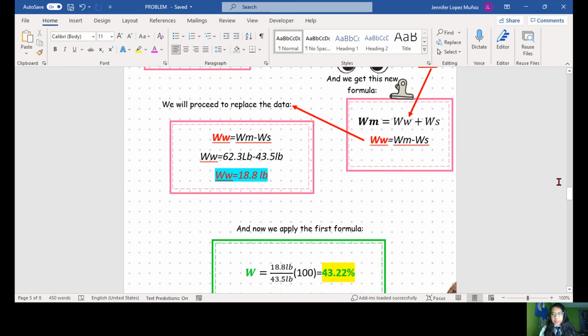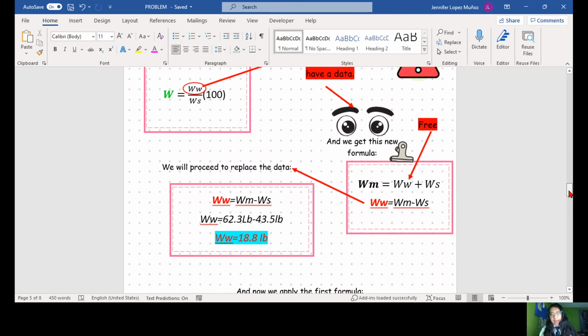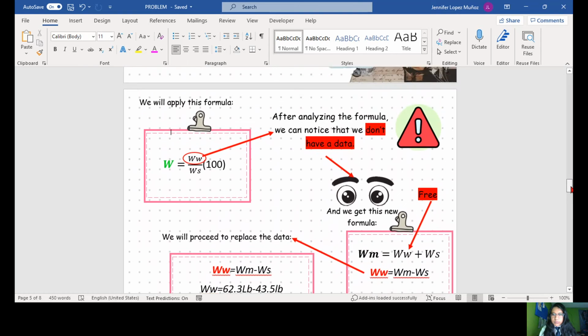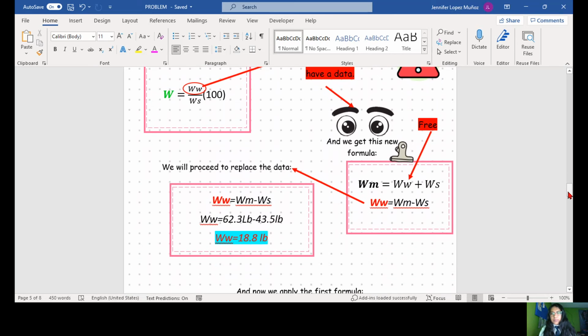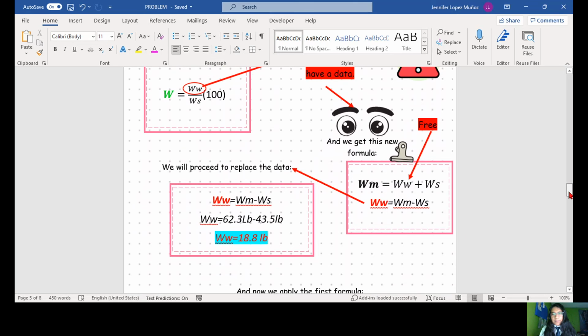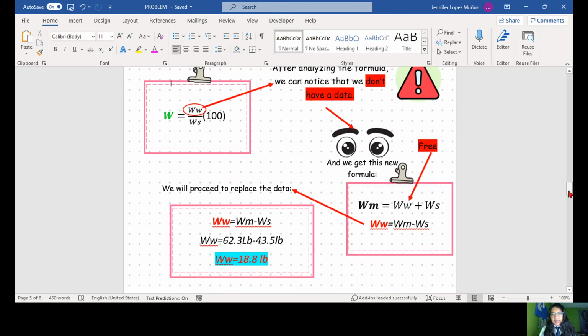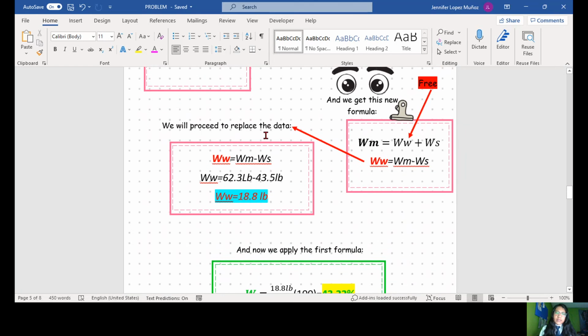Then the data I need is the water weight, so I will proceed to replace the data in the first formula. Water weight equals sample weight minus solid weight.